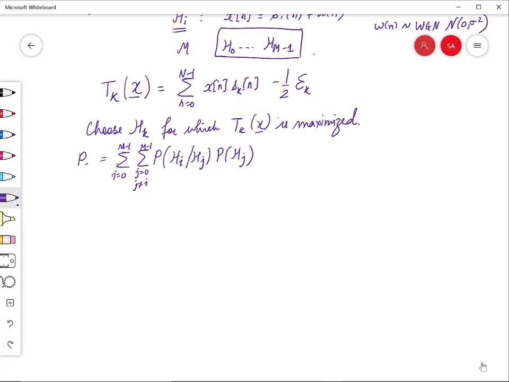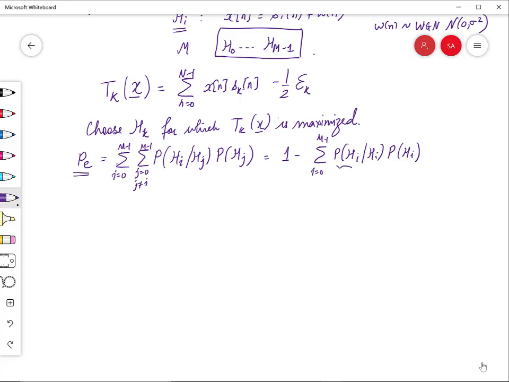So this is my PE. Or you can also write it as 1 minus the summation i goes from 0 to capital M minus 1 of the probability of detecting the hypothesis correctly. Okay, another way of writing the probability of error.